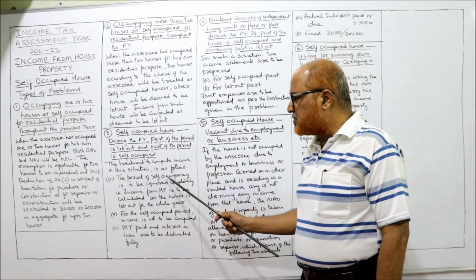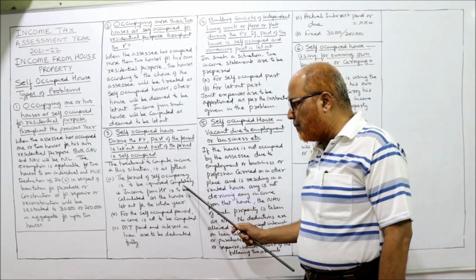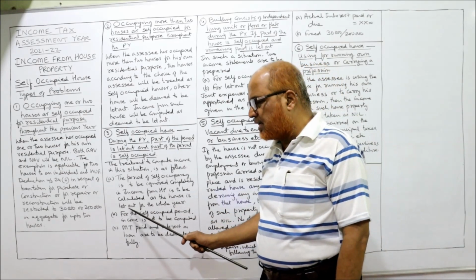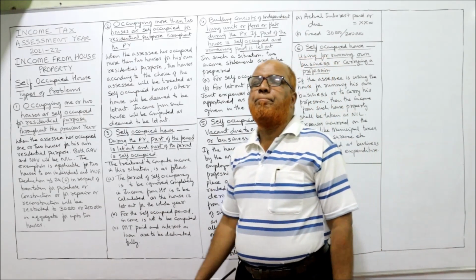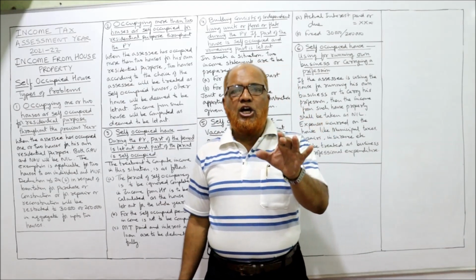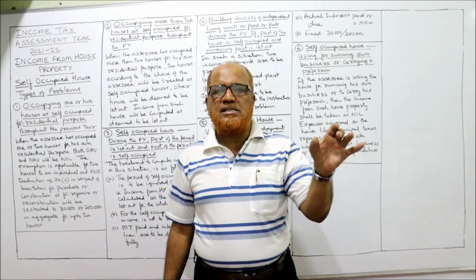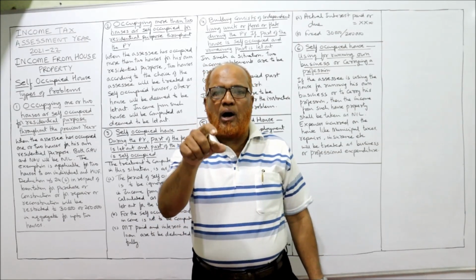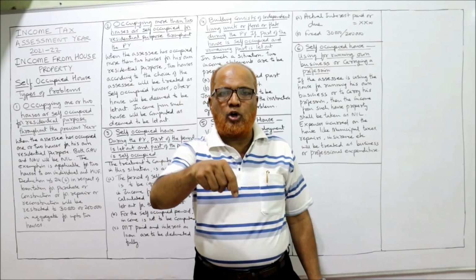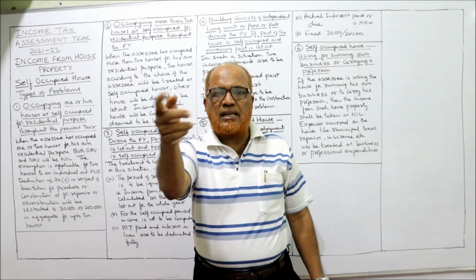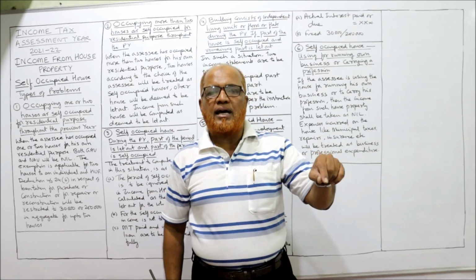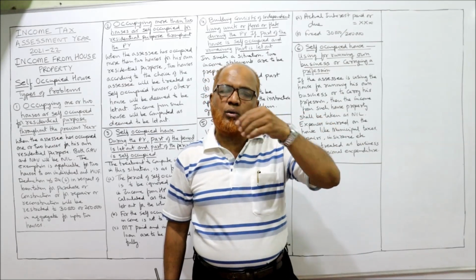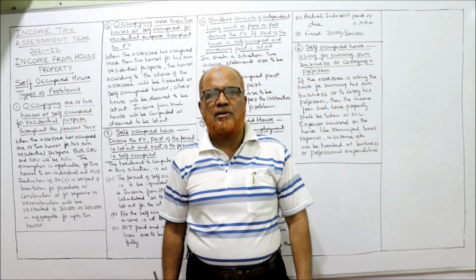First of all, the period of self-occupancy is to be ignored completely. That is, income from house property is to be calculated as if the house is let out for the whole year. First point, ignore the self-occupancy period. For example, if in the previous year of 12 months, 3 months are self-occupied and 9 months let out, the Income Tax Act says treat it as if the house was let out throughout the 12 months.